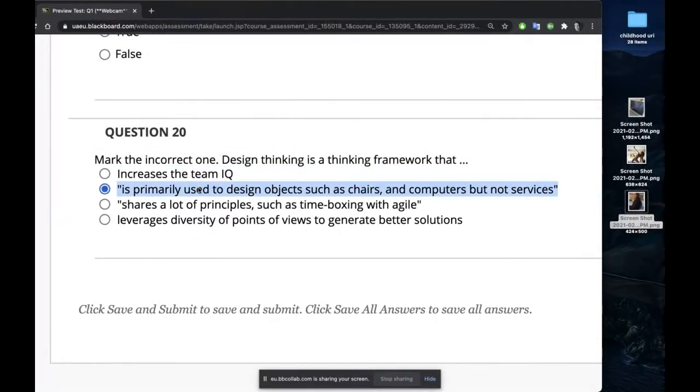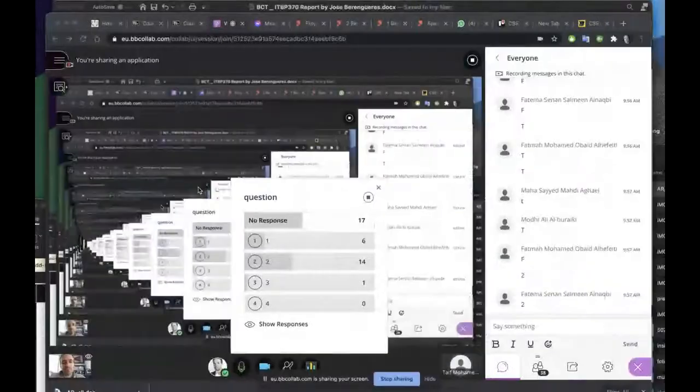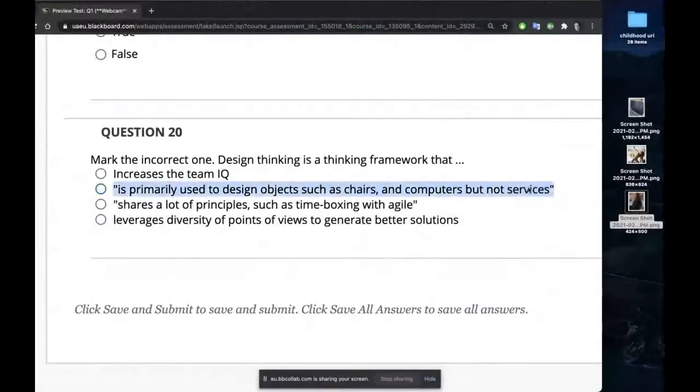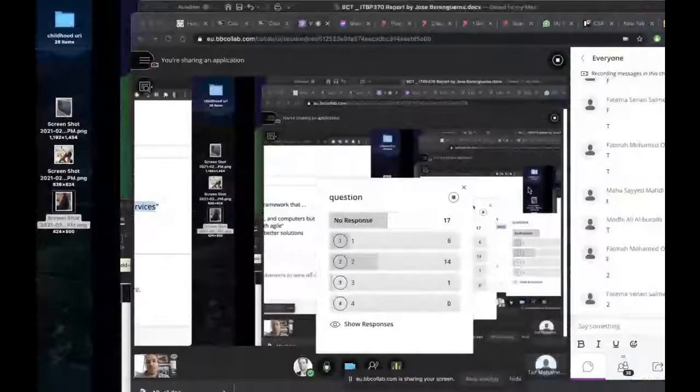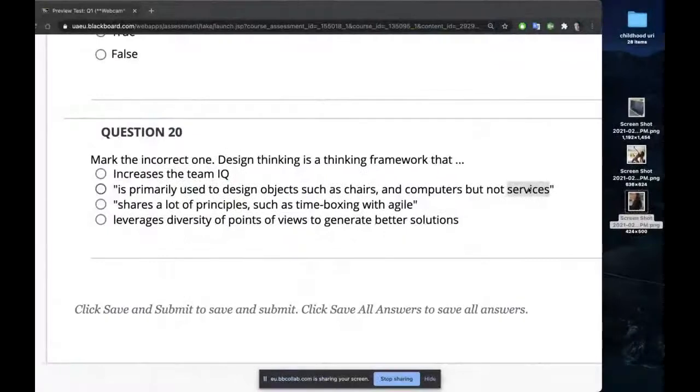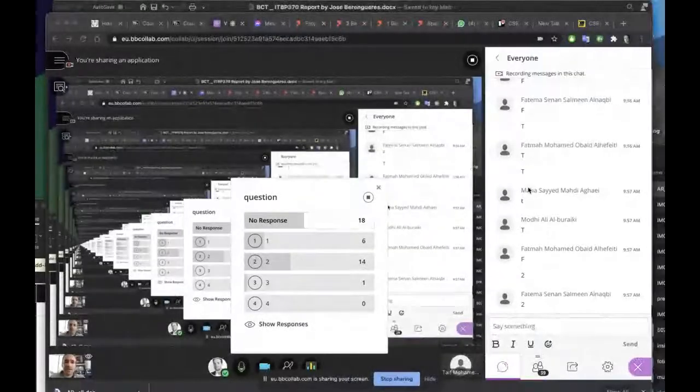Why is this incorrect? Because actually it's very popular to design services. Yes, as we said in the classroom, apps, hospitals, they all use design thinking and even Agile. Great.